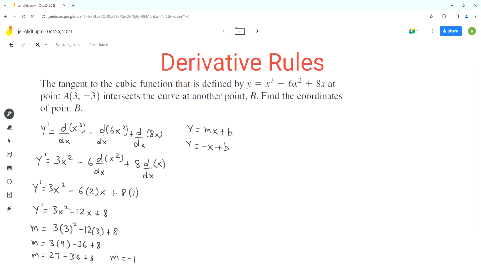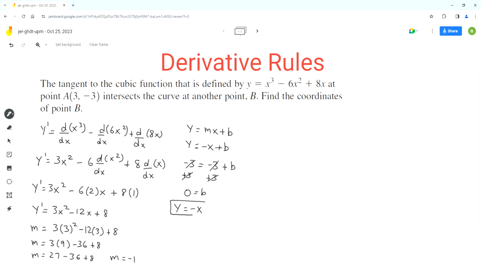So we sub in y as negative 3 and x as 3 and solve for b. So to isolate b, we add 3 to both sides. So the 3's on the right side cancel each other out and also on the left side. So we get 0 equals b. So the equation of the tangent is y equals negative x.